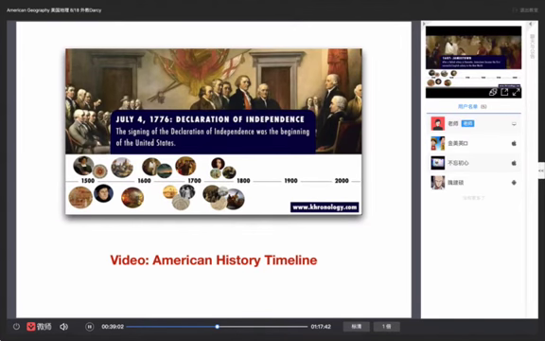So the first colony that the English set up was Jamestown. A lot of the settlers coming into America were refugees or pilgrims seeking to escape from religious persecution in Europe.